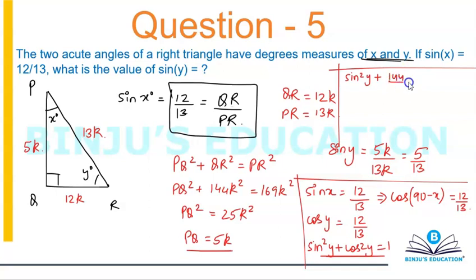So that's 144 by 169 is equal to 1. So sine square y is 25 by 169, or sine of y is equal to 5 by 13. Whichever way you want to do it, you can solve this question, right?